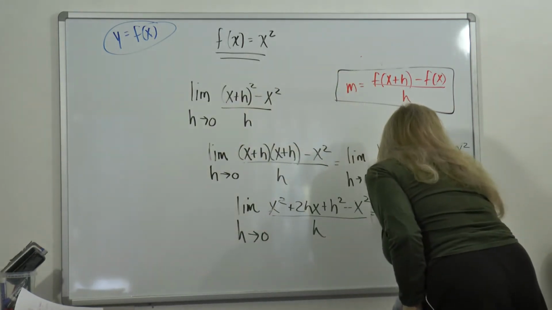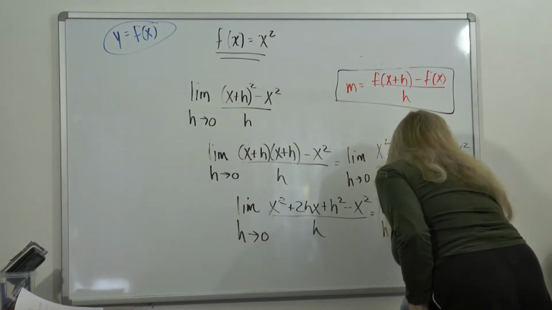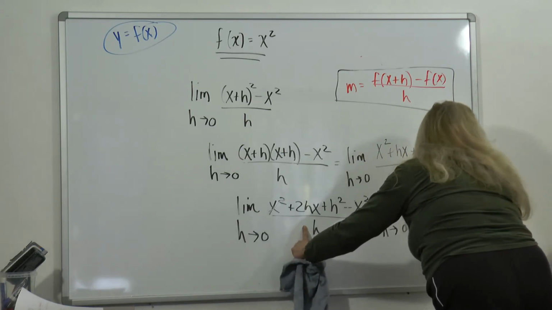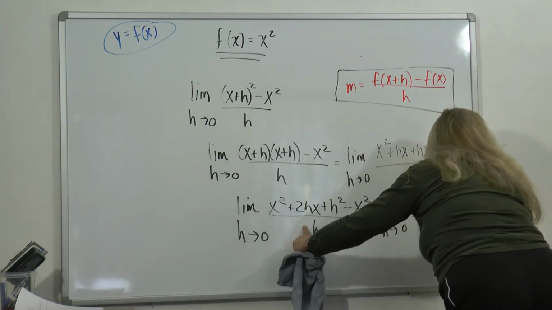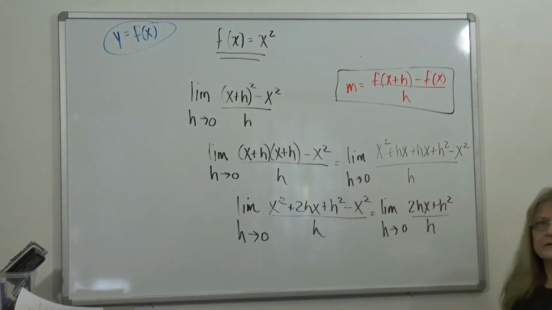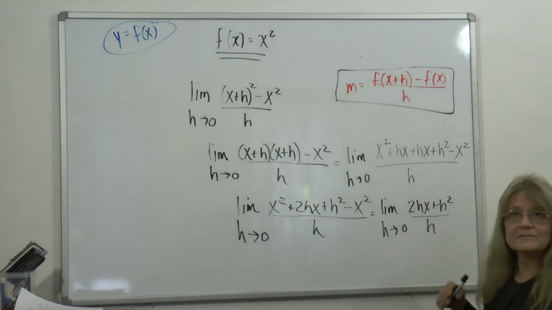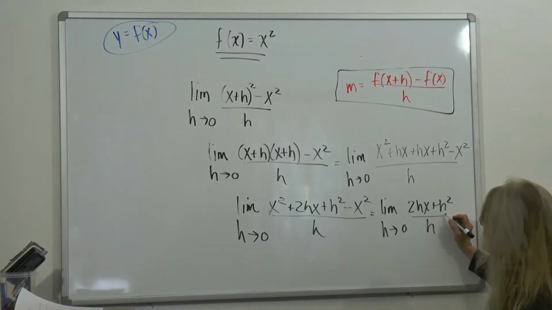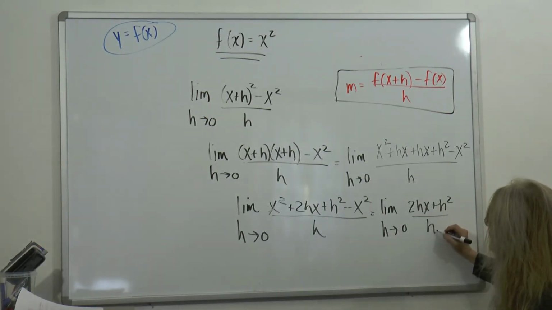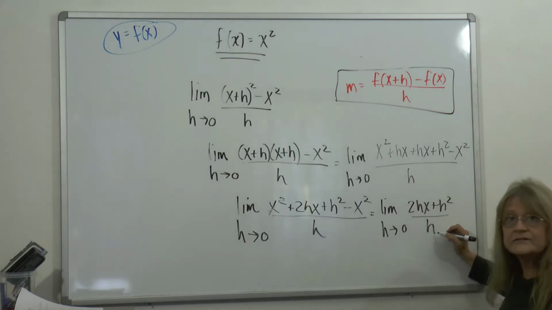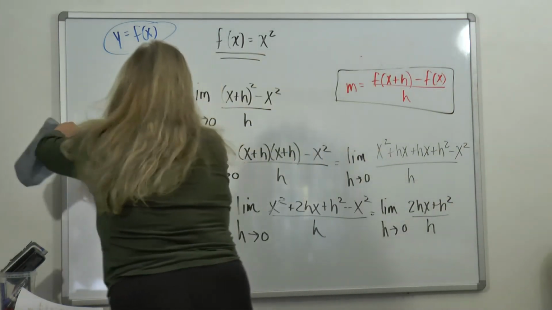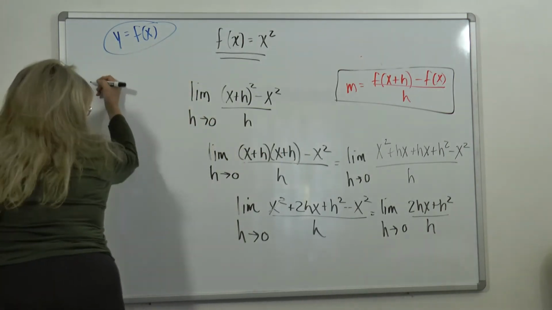So this gives me the limit as h goes to 0 of (2hx plus h squared) over h. Hopefully you can see that I can factor an h out of the top and reduce with the bottom, and then I can let h equal 0 without worrying about being undefined.